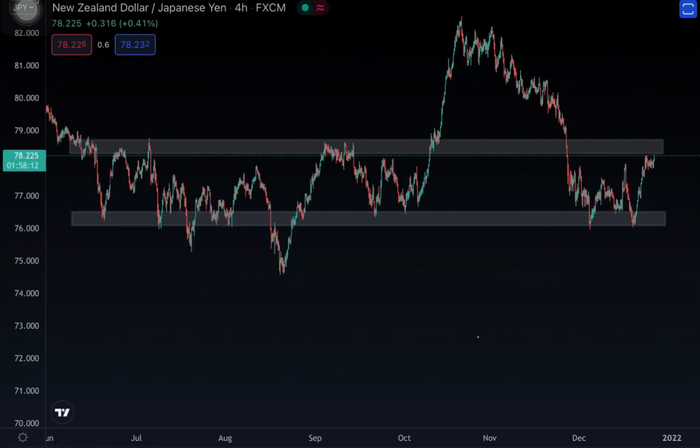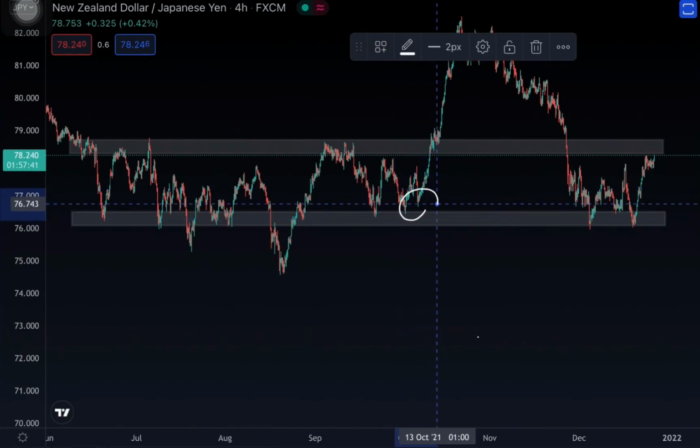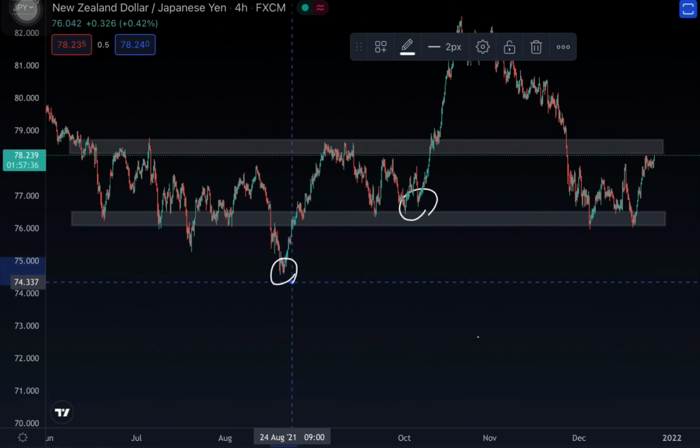So the next level is that we should find the major points. If you want to draw a good and well respected trend line or zone, you should find the major point where price had a very good reaction. So for us this is a major point, this is another major point.